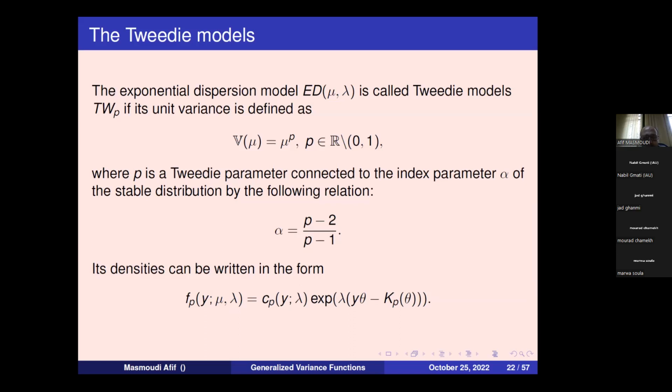An important example of an exponential dispersion model is the Tweedie model. The Tweedie model is characterized by its unit variance, which is equal to a power of the mean parameter, mu to the power p, where p belongs to R minus (0,1).